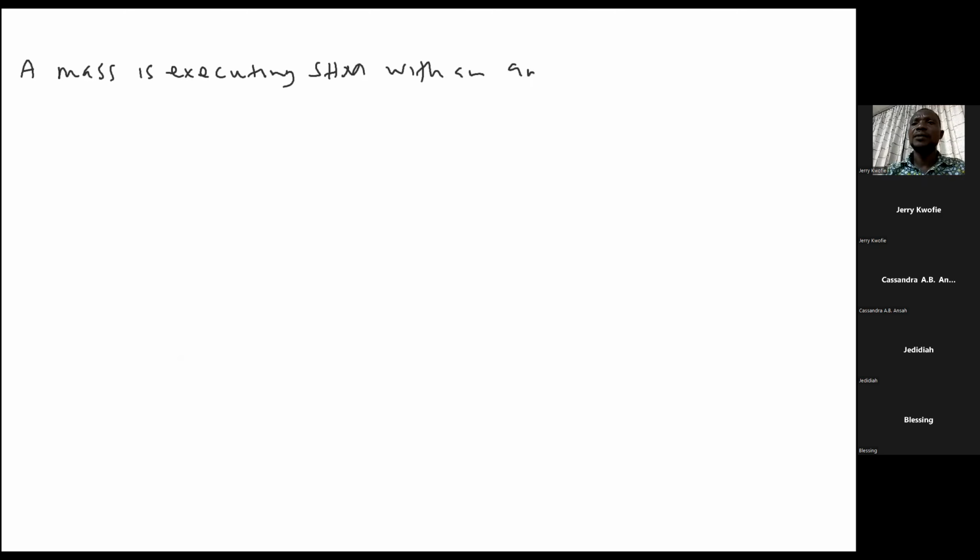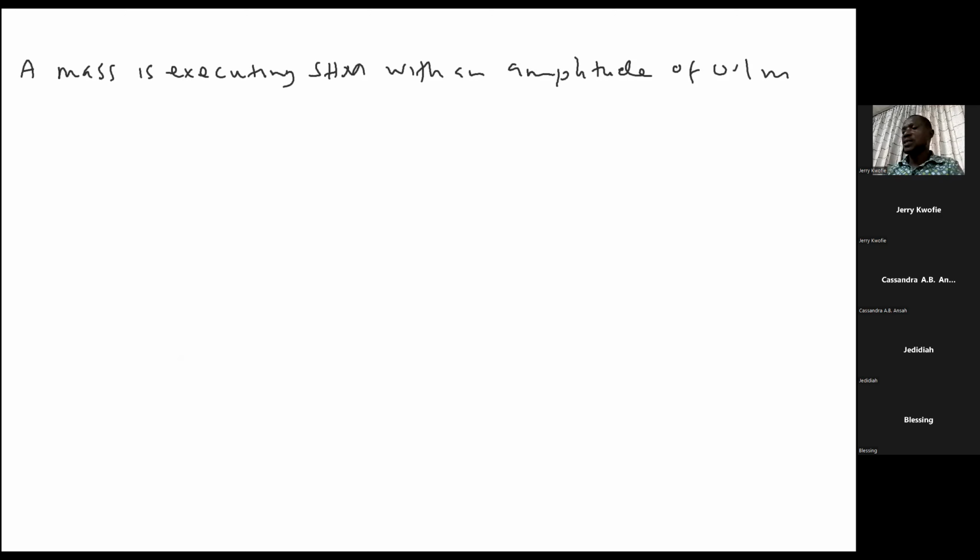Still using the equations of motion. The second question I'm going to put on your screen is this. It says a mass is executing SHM with an amplitude of 0.1 meter and a period of 4 seconds.